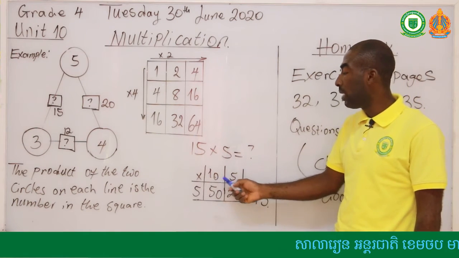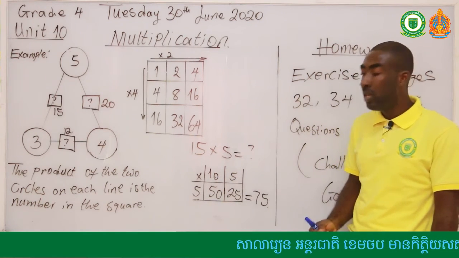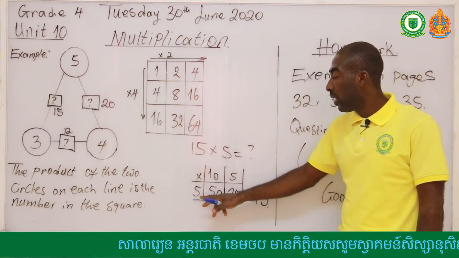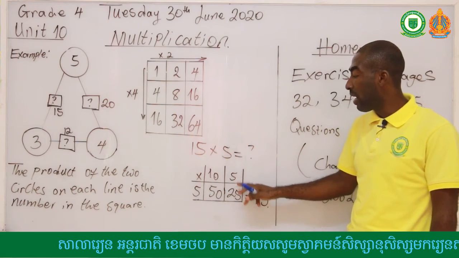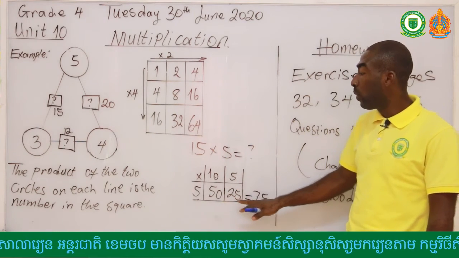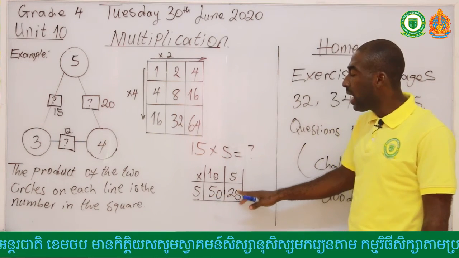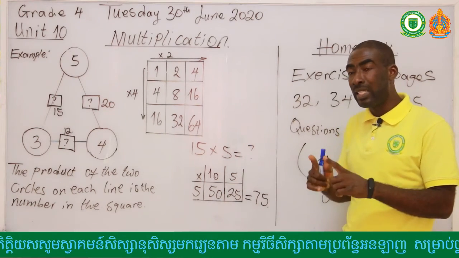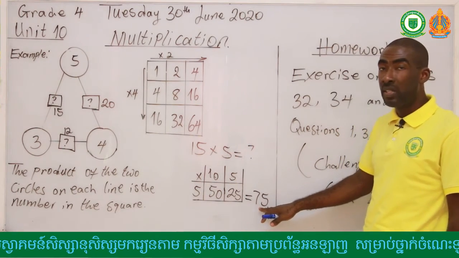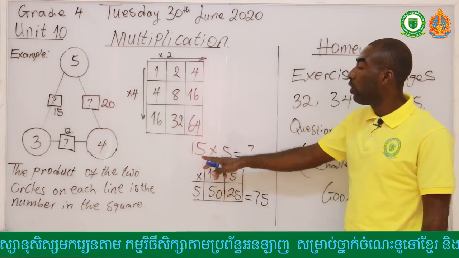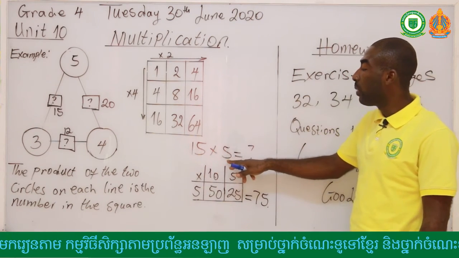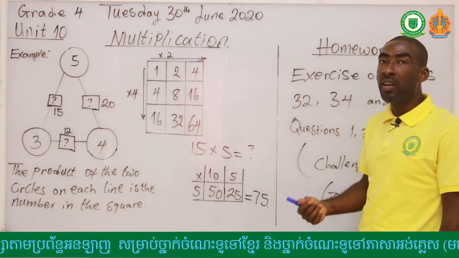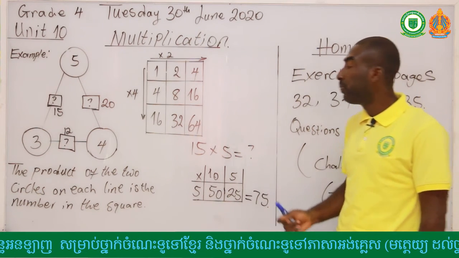So we have our 10 here, and then we have our 5 here. So when we multiply our 5 by 10, we have 50. We multiply our 5 by 5, we have 25. So when we have our 50 and 25, we can then put the two together. We can add them, and then we have 75. That means when you multiply 15 by 5, your answer is going to be 75, right?